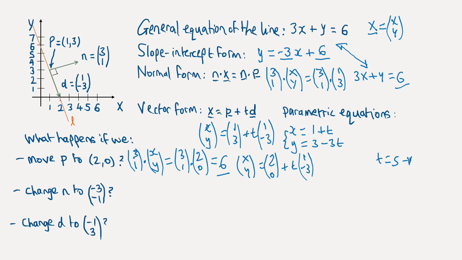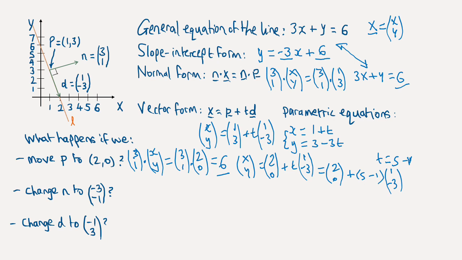So now I'm going to have (2, 0) plus (s minus 1) times (1, -3). And so if I collect the constant part of this vector here, I'll have (2, 0) plus minus 1 times (1, -3).